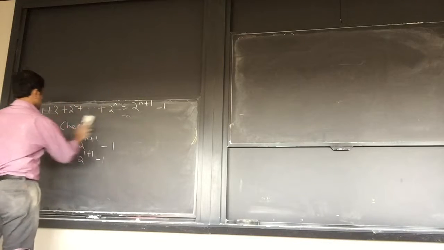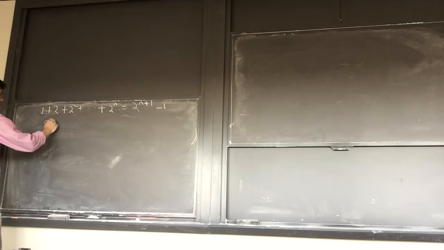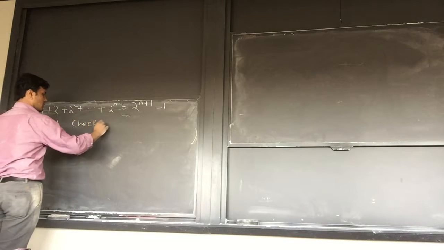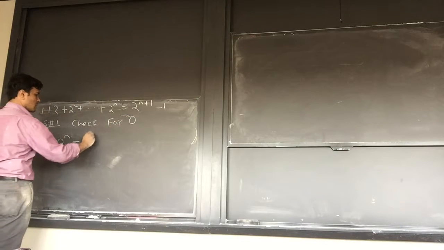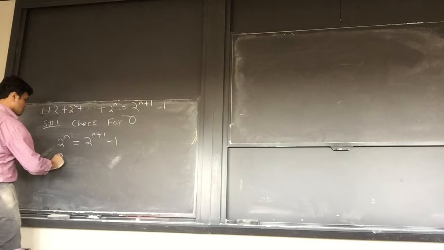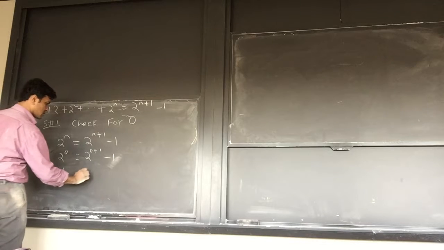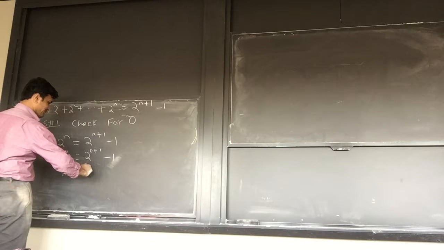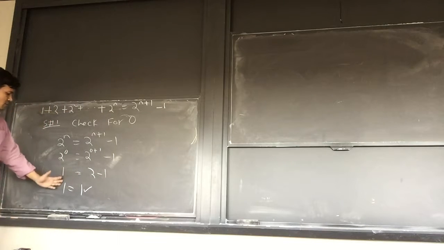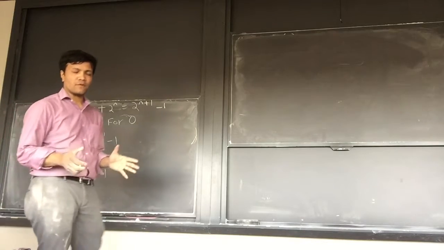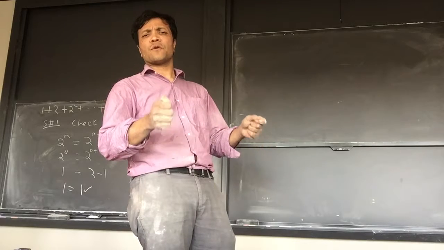Okay, so this is do check for 0. Step 1, check for 0. So 2 to the 0 is 2 to the 0 plus 1 minus 1. So 1 is equal to 2 minus 1. So 1 is equal to 1. So as always, if it works for 1, it should work for k plus 1.